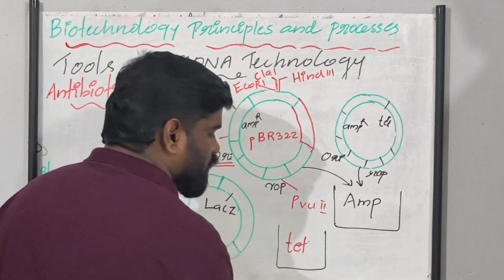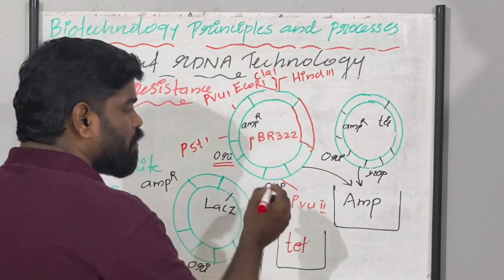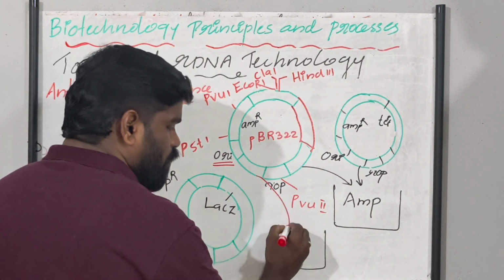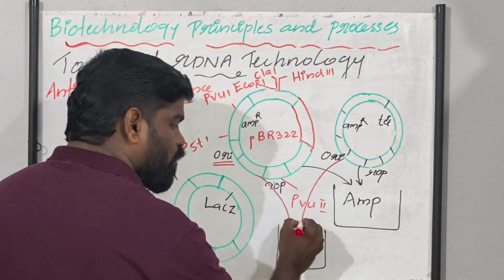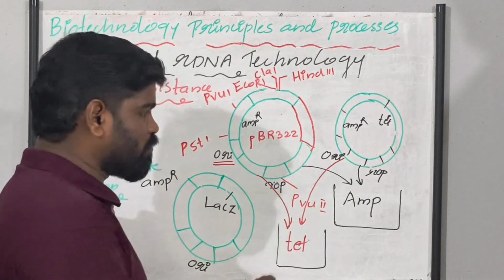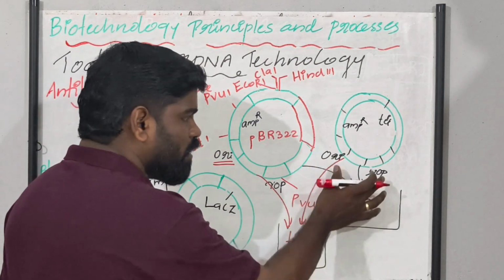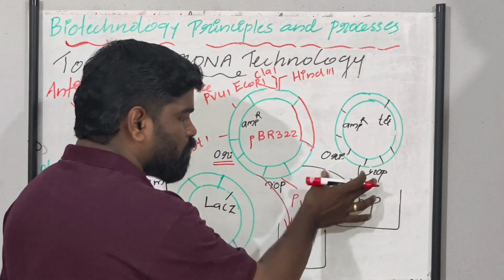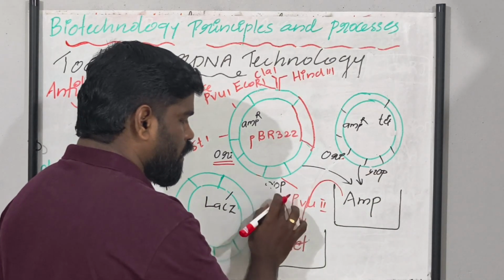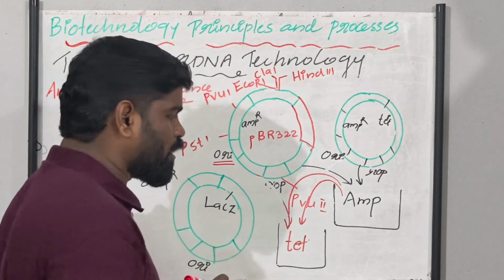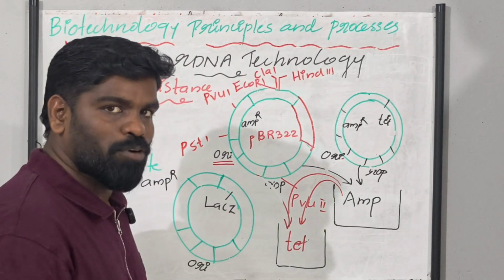After this we have to take another medium, which contains tetracycline. First we place in ampicillin, and from there we keep both recombinant and non-recombinant in the tetracycline. So what will happen?